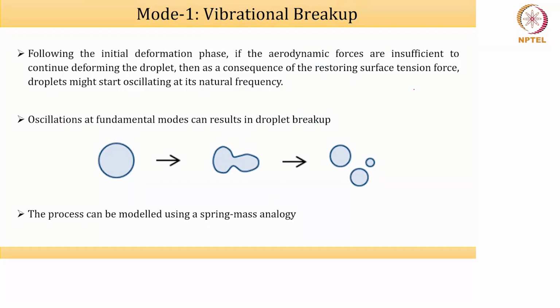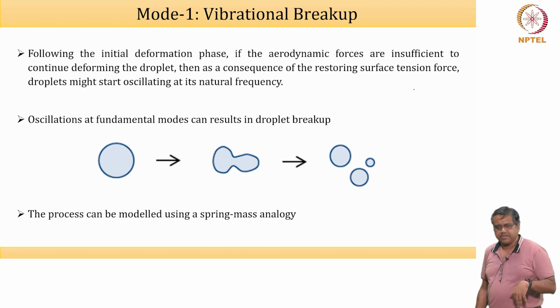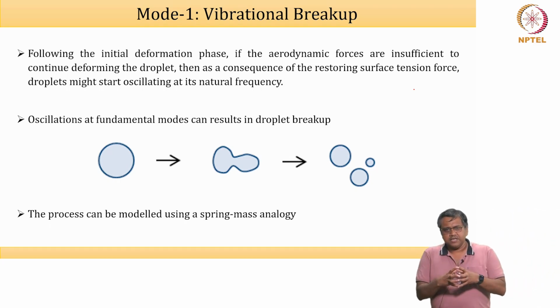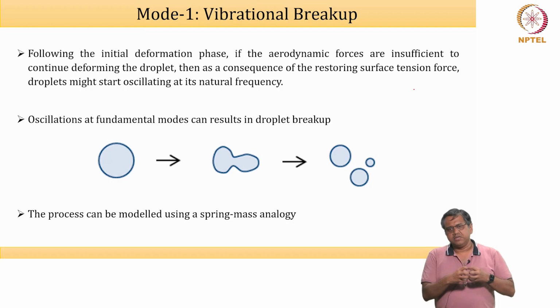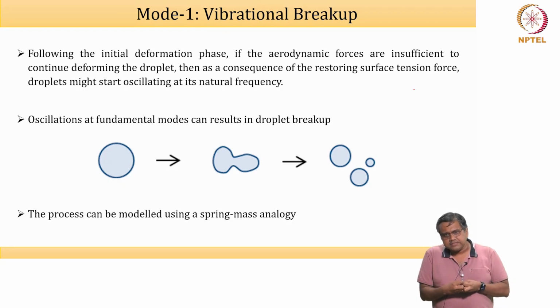Okay, so now let's look at each of the modes of breakup. For the purpose of pedagogy, the first one is, of course, the traditional vibrational mode. This typically will produce droplets which are of the order of its own diameter. So if you start with a big droplet, you generate offspring which are half of that size, but they are still going to be large.